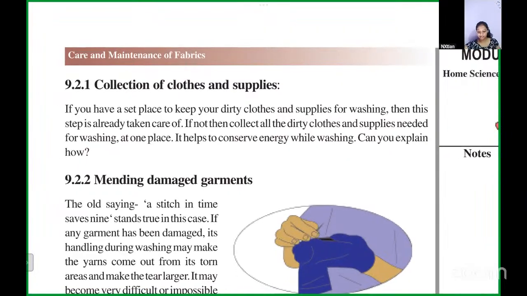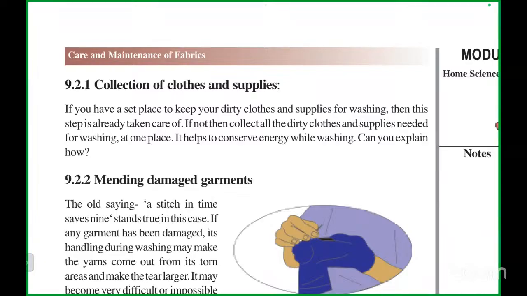Collection of clothes and supplies. If you have a set place to keep your dirty clothes and supplies for washing, then this step is already taken care of. If not, then collect all the dirty clothes. Collect all the dirty clothes means from all the places in the room that you have thrown them. Socks from under the bed, the half folded jeans somewhere.